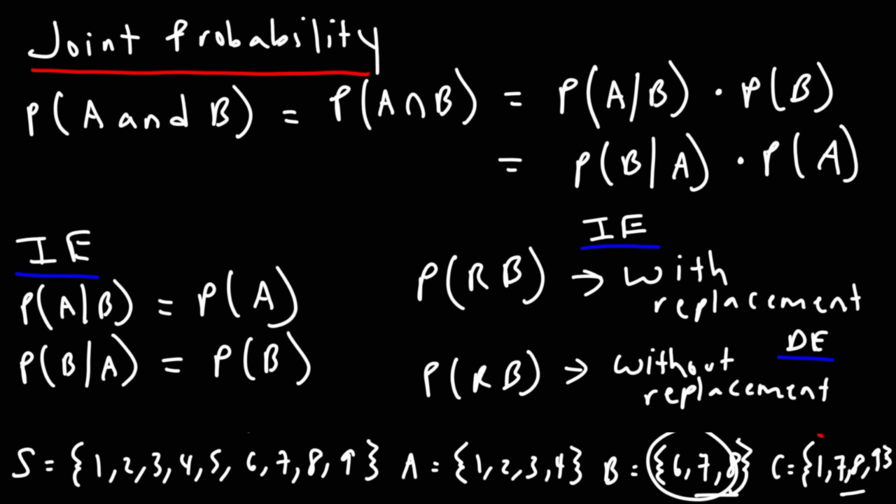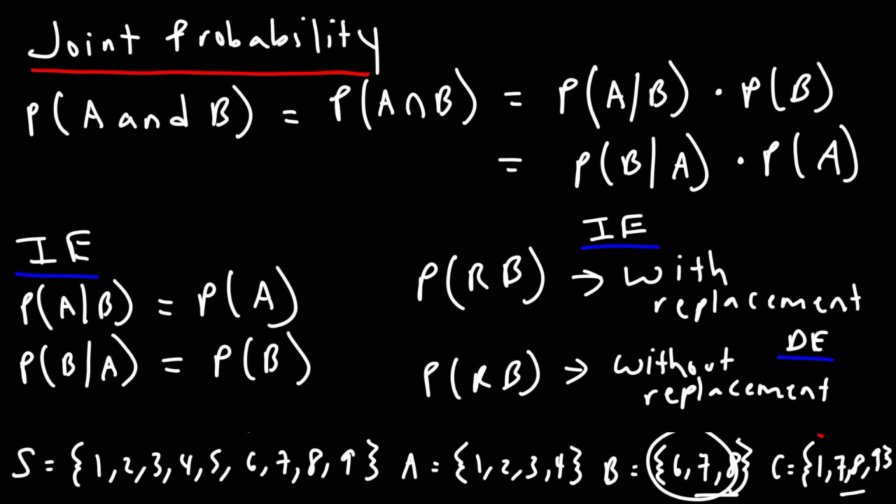Let's say if a blue marble is selected on the first try, then the probability of getting a blue marble on the second try is going to go down. And the reason for that is because there's one less marble in the bag. So the probability of getting a second marble is going to be lower than if you would have gotten a red marble in the first try. So that's an example of dependent events.